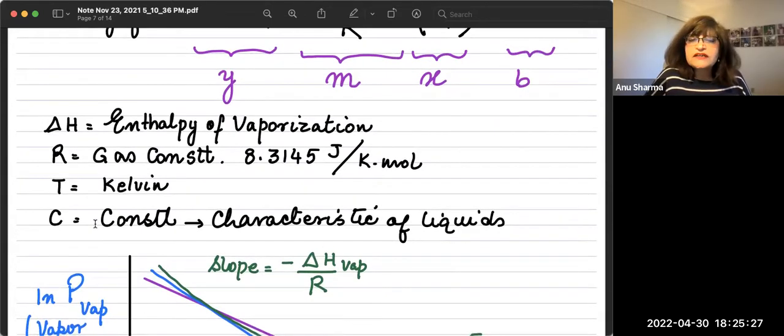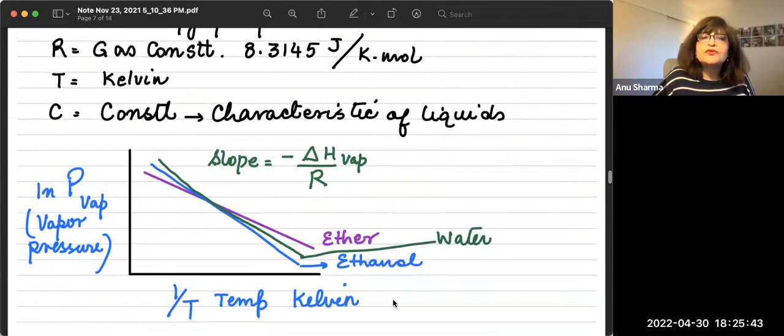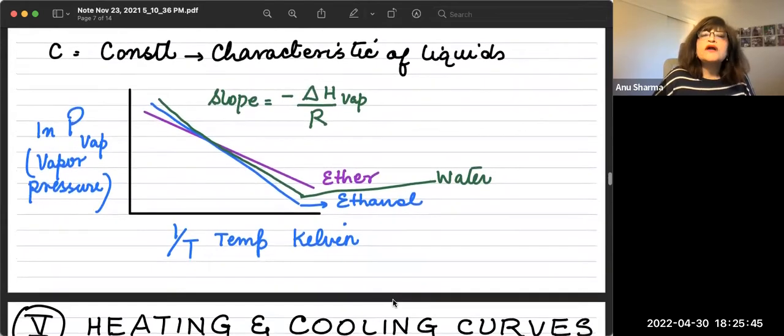It is a characteristic of liquids, and it depends on what the liquid is. So remember, every substance is going to absorb its own amount of heat, and based on that, their boiling points and melting points are determined. So it's the nature of the substance.